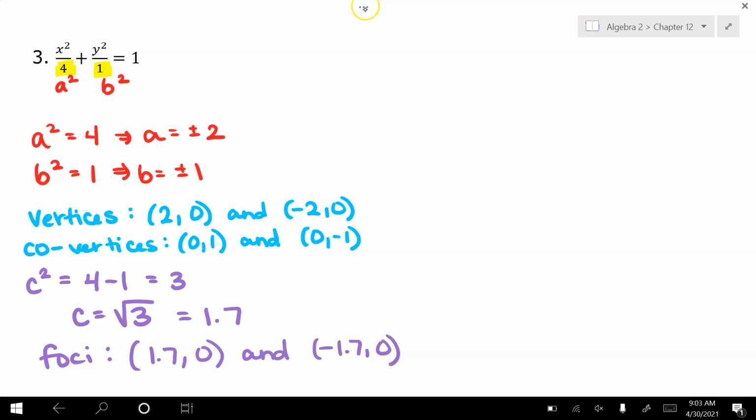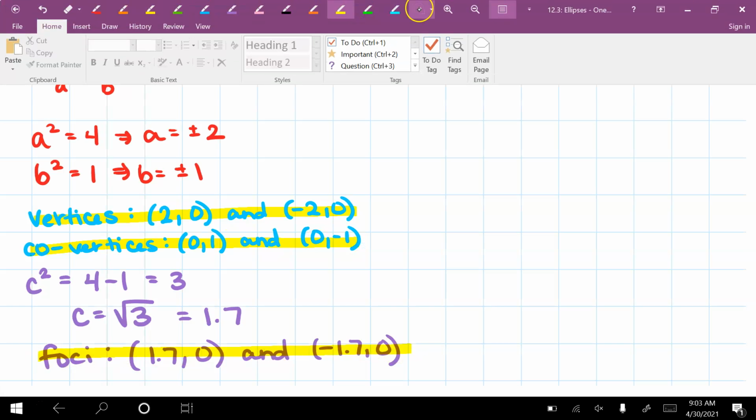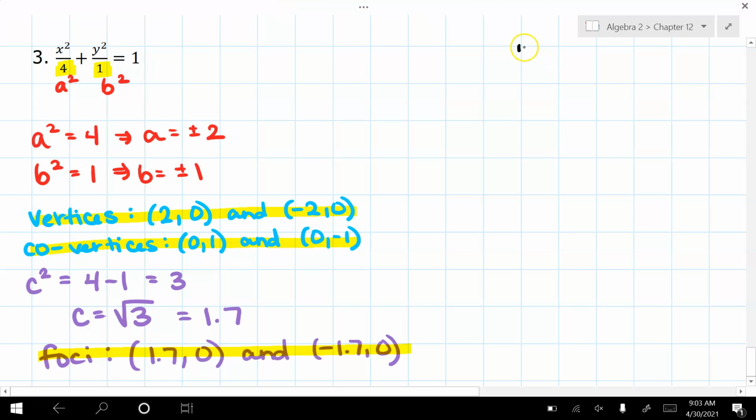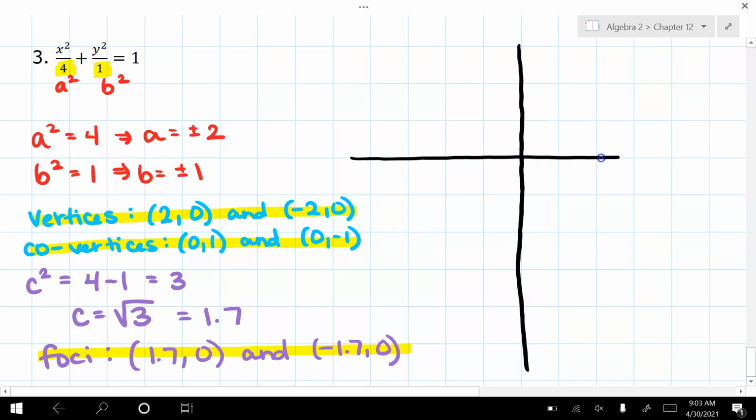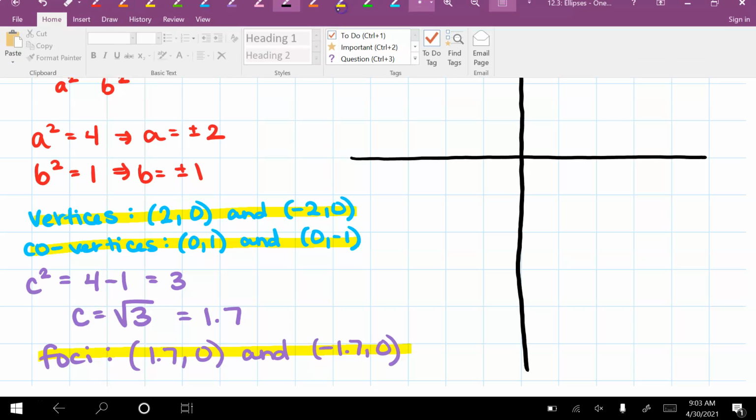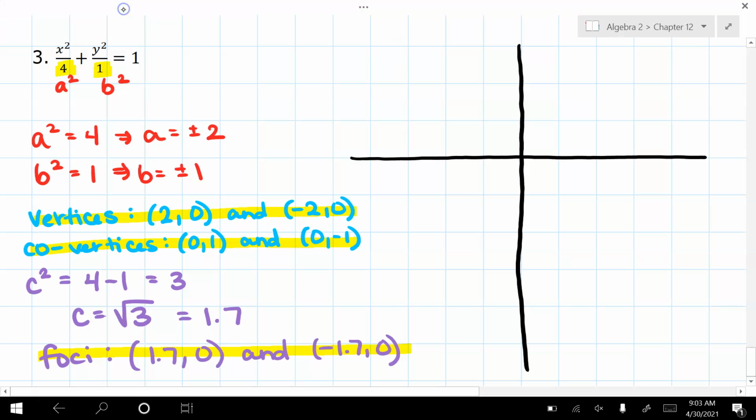And then we're going to graph, like I said, our vertices, our co-vertices, and our foci. Those are things that I need to see on the graph. All right, so vertices are at 2, 0, and negative 2, 0.